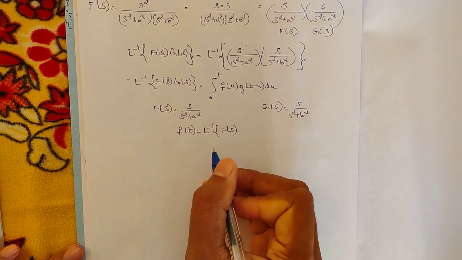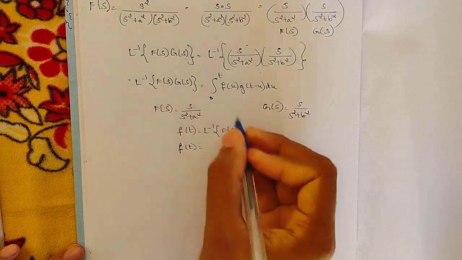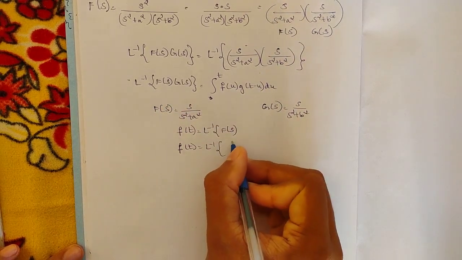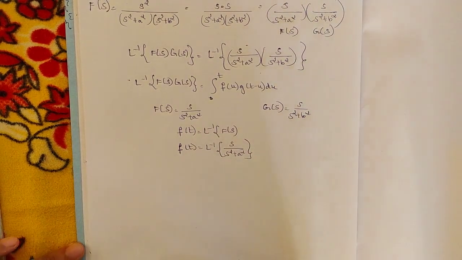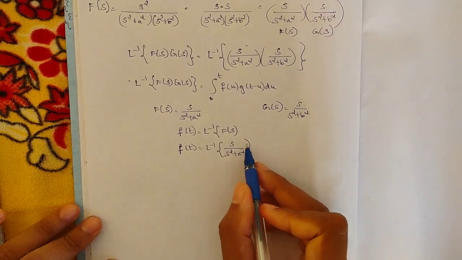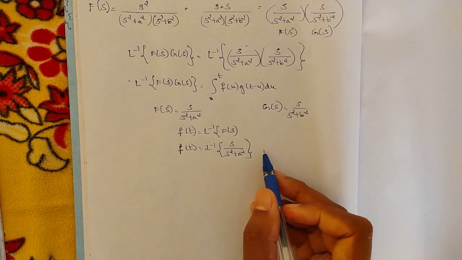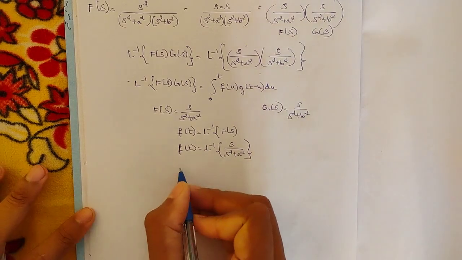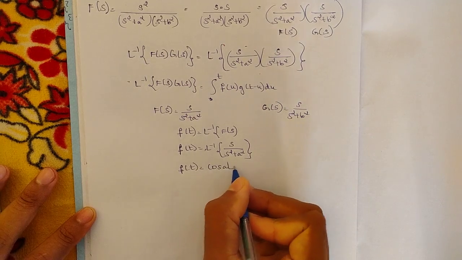So f of t is equal to L inverse of s divided by s square plus a square. This is actually cos at. L inverse of s divided by s square plus a square is equal to cos at. So f of t is equal to cos at.